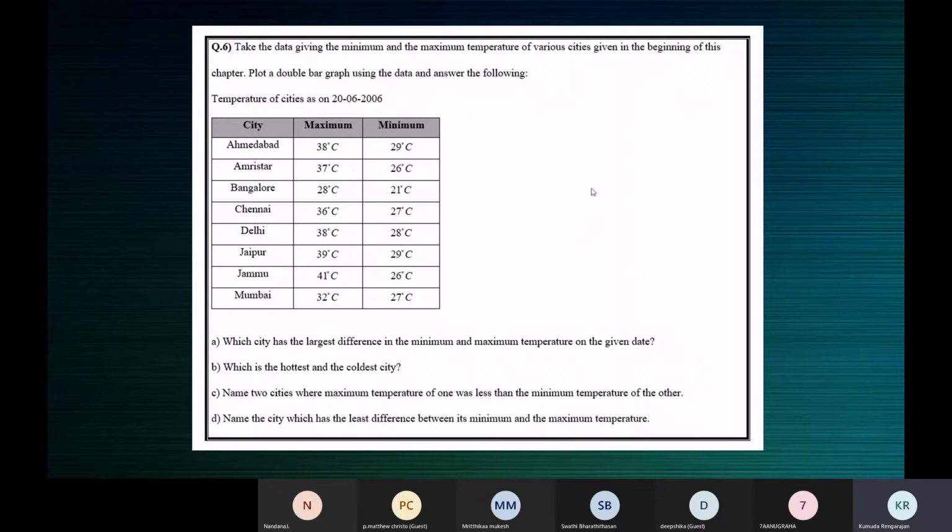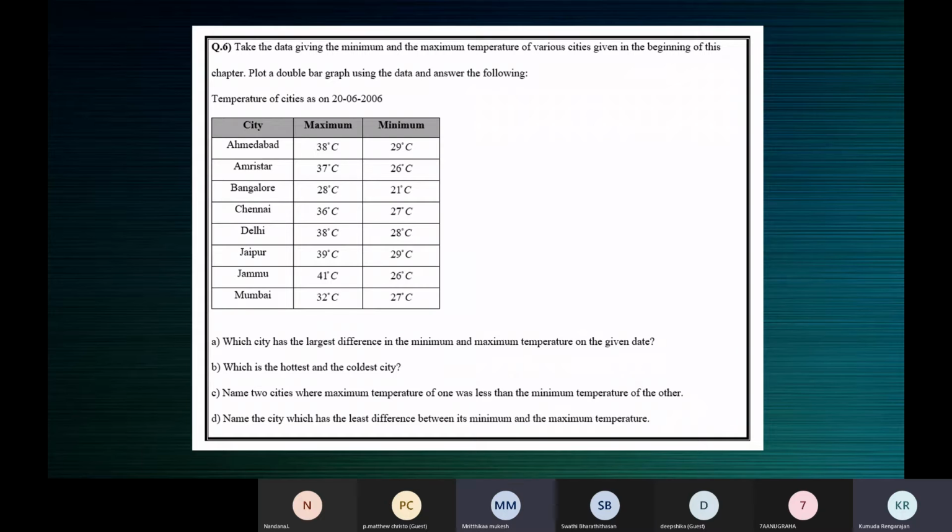What will be the scale? Tell me, what's the scale? Ma'am, 10. Ma'am, the scale can be 2.